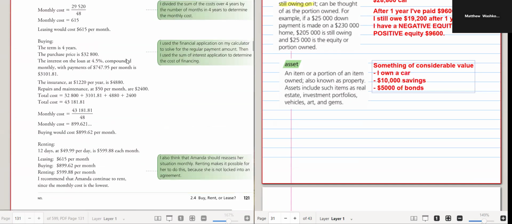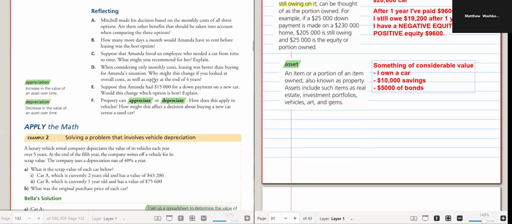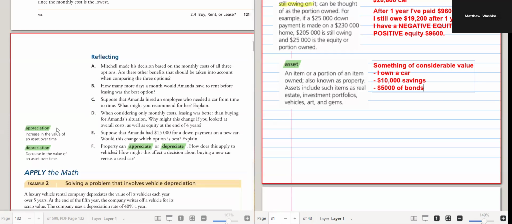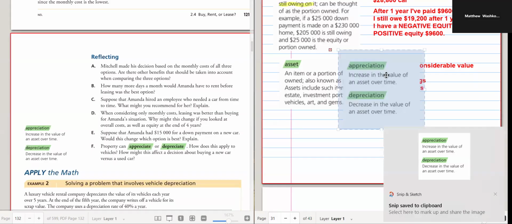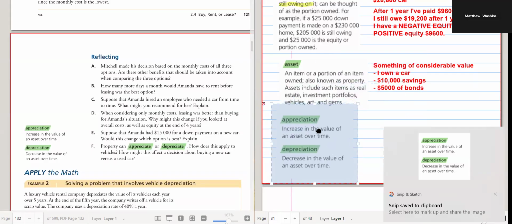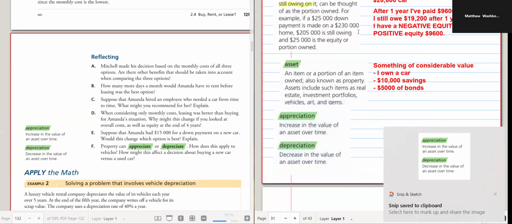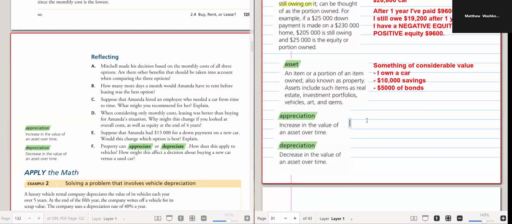Is there anything else we kind of need here? Yes. We also have something that appreciates and depreciates over time. So appreciation and depreciation. So appreciation is the increase in value of an asset over time. Maybe I have a stock or a bond. It grows in value over time.